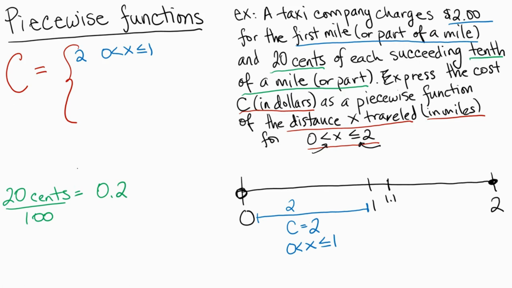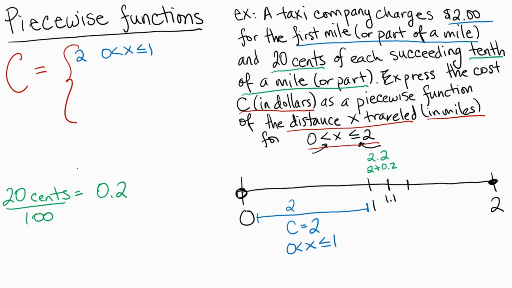And this distance is going to be the $2 to get to the 1 mile plus the 20 cents to get the extra 0.1 mile. And so that gets us 2.2. Let's do one more so we can just compare.